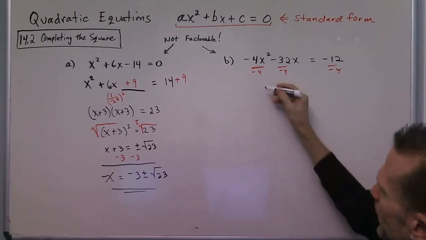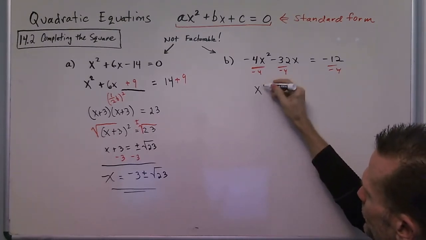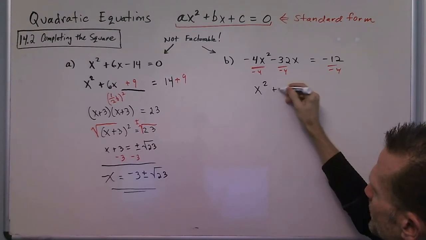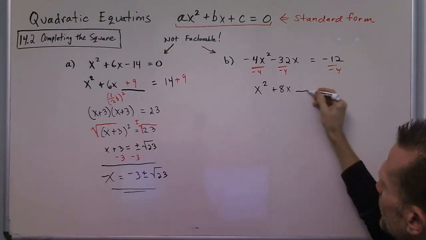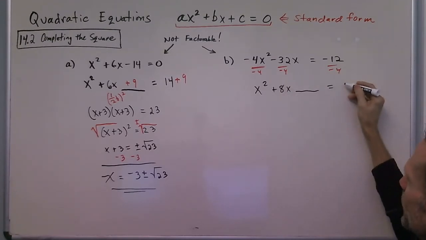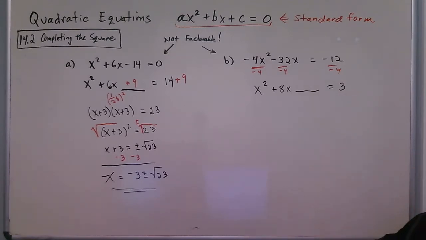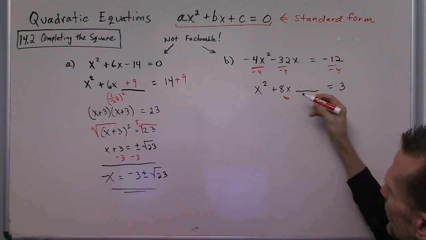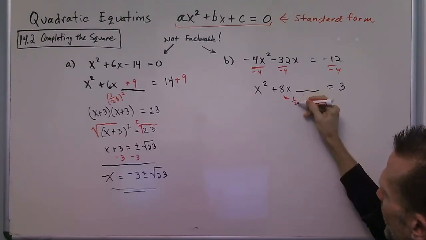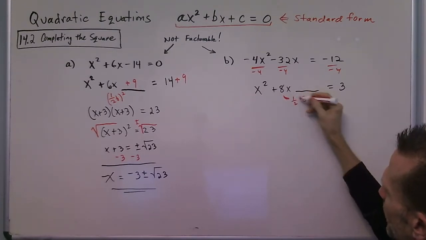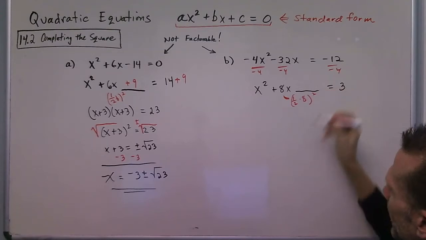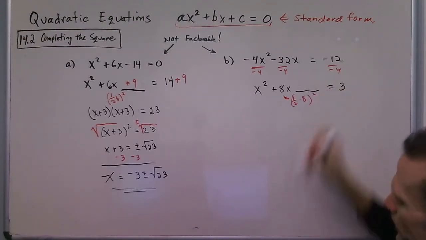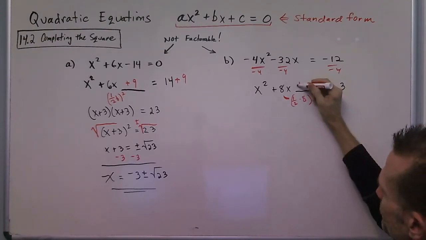It's going to simplify our equation a little bit to x squared plus 8x. Remember, here's our space for completing the square, and then we have 3 here. So to complete the square, remember, we're going to take half of 8, and then we're going to square that number, half of b squared. So we end up getting 16 here.